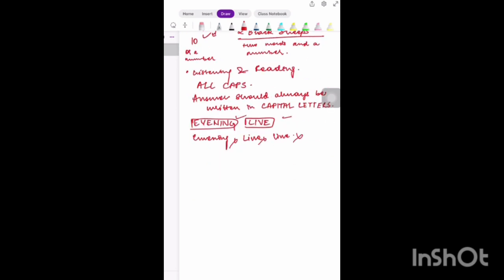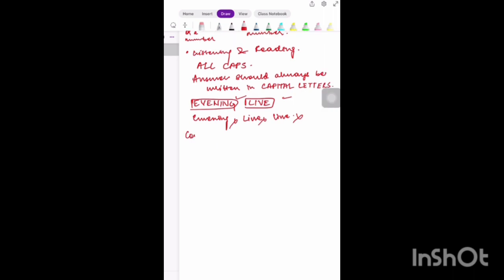The reason being proper and common nouns. If you wrote country in small letters, then also it is a problem. But writing country in capitals would not be a problem for you. Like if I wrote, for example, Madhuri, this is a proper noun, the name of a person, so you should start with a capital letter.